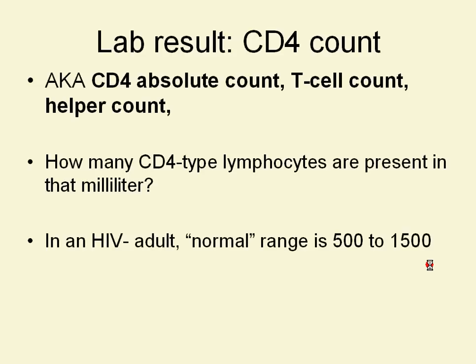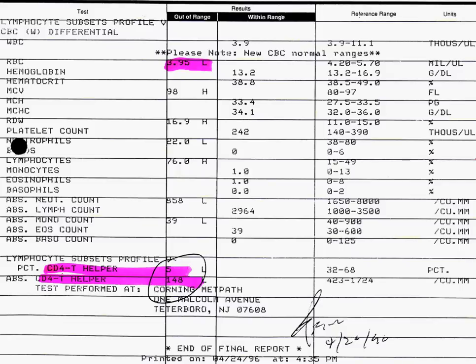In an HIV negative adult, the normal range is between 500 to 1500. So that's quite a wide range. On that lab result that we were looking at before, they mark it as 423 to 1724, right? Roughly 500 to 1500.